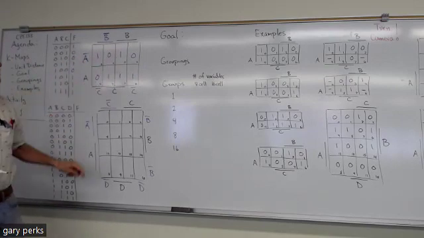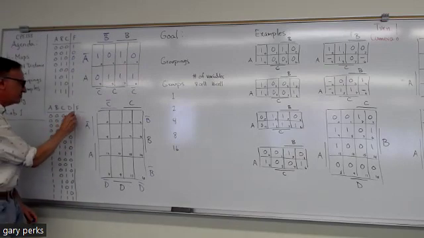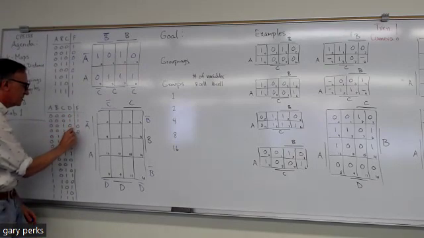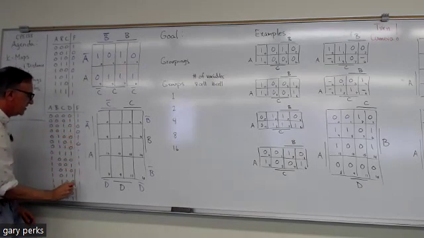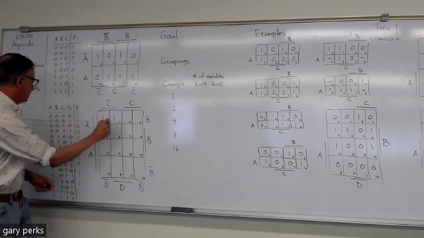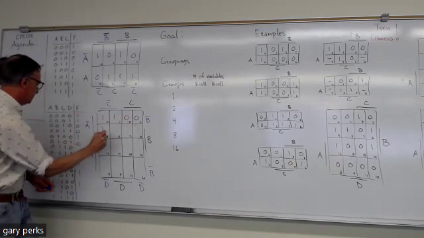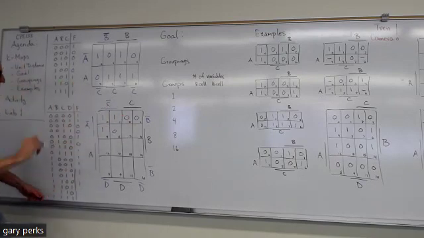So the output for the corresponding index goes inside the cell. It's the same thing if you have a 16 cell K-map. You would just put the output within the cell and keep on going.